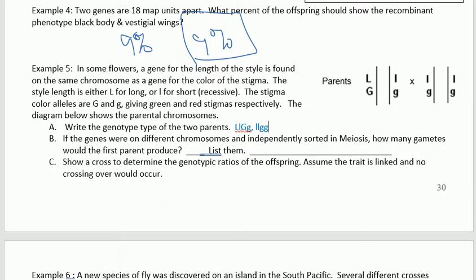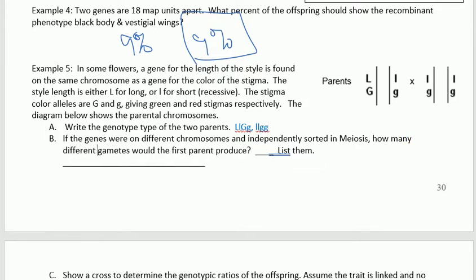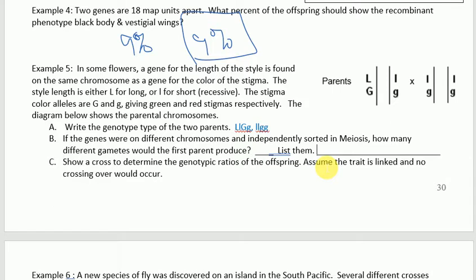If the genes were on different chromosomes and independently sorted in meiosis, how many different gametes would the first parent produce? There's a typo right there, my apologies. Okay, so what we're going to do is our crossover, just like we normally would.